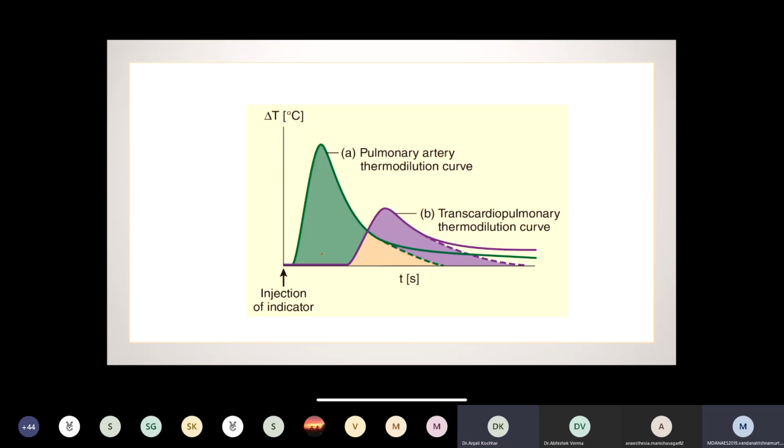PAC is required, so there will be complications like hemorrhage, pulmonary artery rupture, etc. Second, it cannot be done in cases like intracardiac shunts, or pulmonary regurgitation, valve regurgitations, etc. And there must be a minimum 10 degrees Celsius difference between the temperature of the indicator and the temperature of the blood. Otherwise, we will not get accurate measurements.